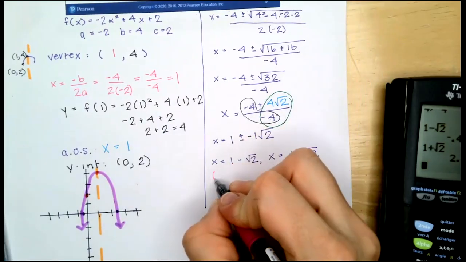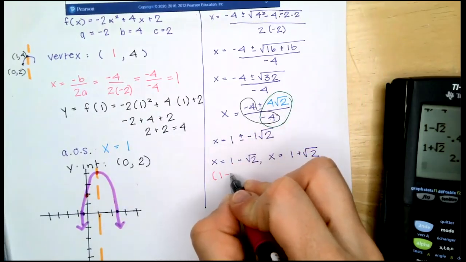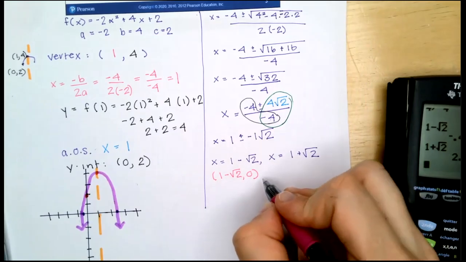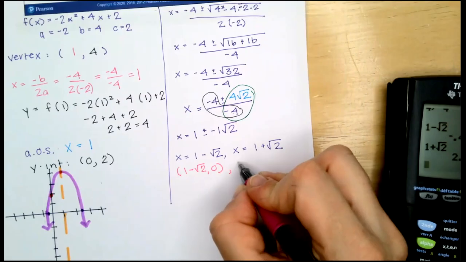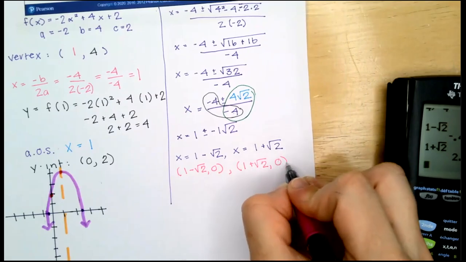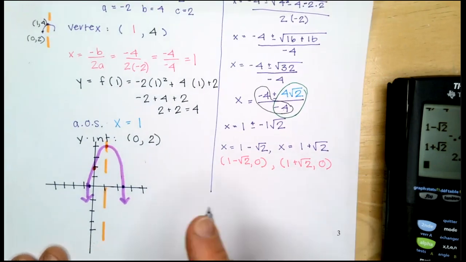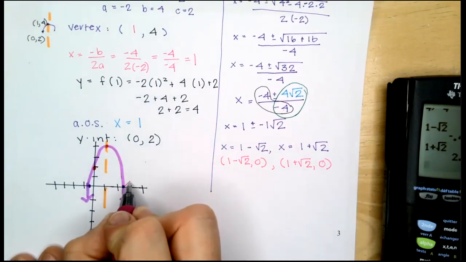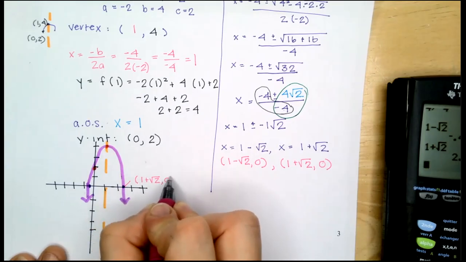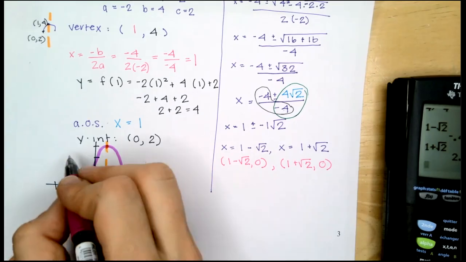Actually, if I was gonna write the x-intercepts correctly, I would say it's 1 minus square root of 2, comma 0, and 1 plus the square root of 2, 0, because those are the points, right? So this is the point 1 plus the square root of 2, 0 on the y.